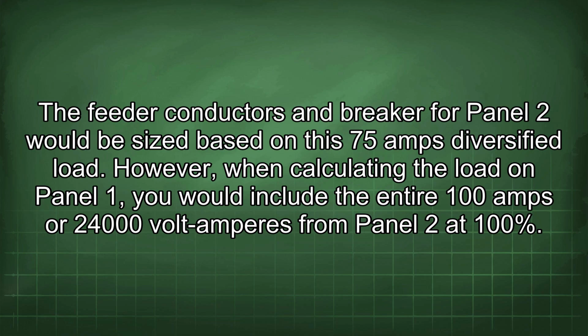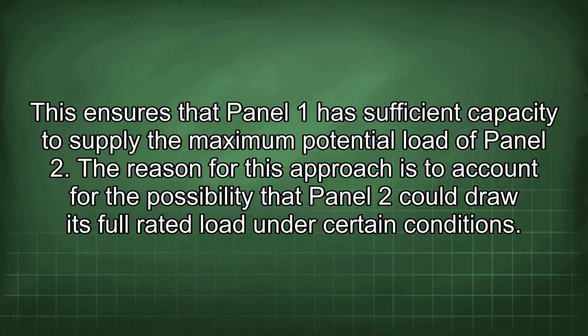However, when calculating the load on panel 1, you would include the entire 100 amps, or 24,000 volt-amperes, from panel 2 at 100%. This ensures that panel 1 has sufficient capacity to supply the maximum potential load of panel 2. The reason for this approach is to account for the possibility that panel 2 could draw its full rated load under certain conditions.